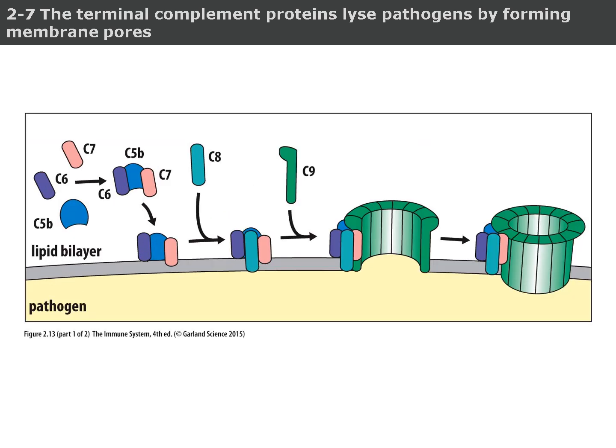This image shows the step-by-step assembly of a membrane attack complex, which forms a pore in the membrane of a pathogen, leading to its destruction. The process begins when the activated complement protein 5 attaches to the surface of the pathogen. Complement protein 6 then binds to this complex and stabilizes it. Next, complement protein 7 joins and inserts itself into the membrane.